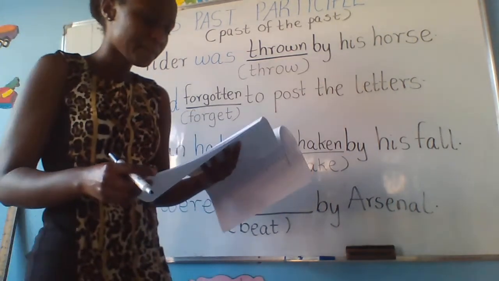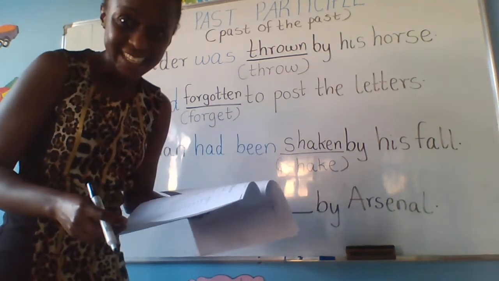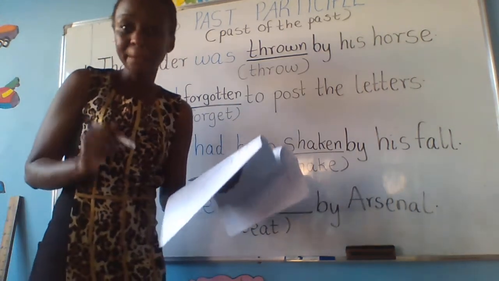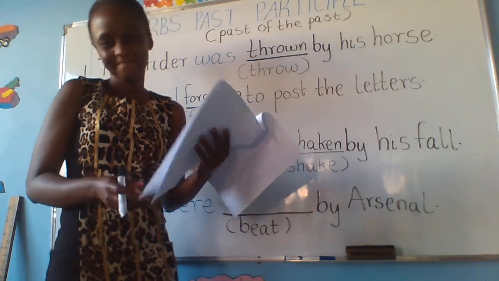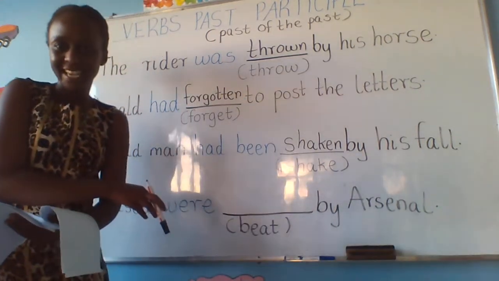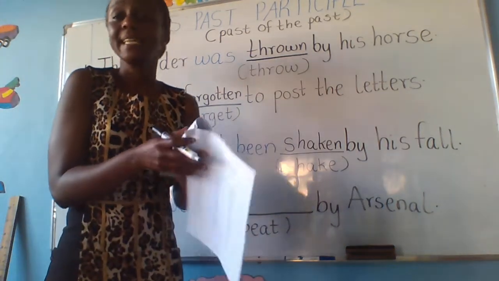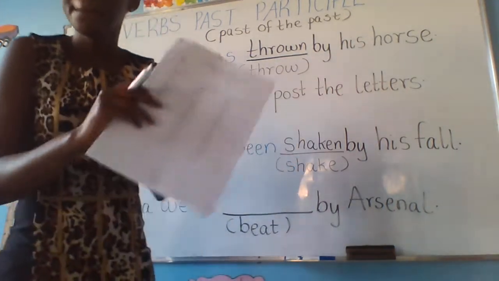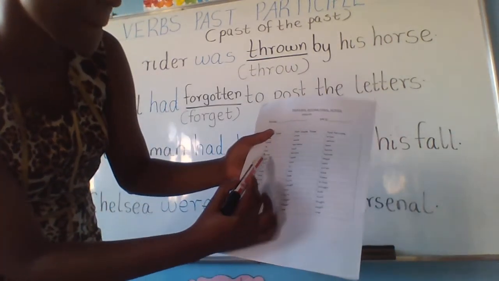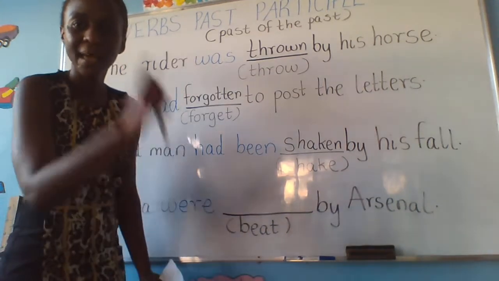First, you must know the past tense of beat. Is it beated? You add ed at the end? Because these are irregular verbs, you can't add ed at the end. So the past tense of beat stays the same. Beat, beat. The past tense is beat. Past participle, beaten.